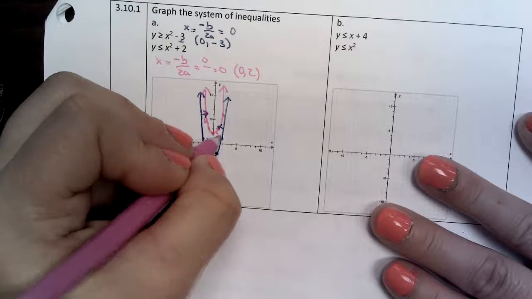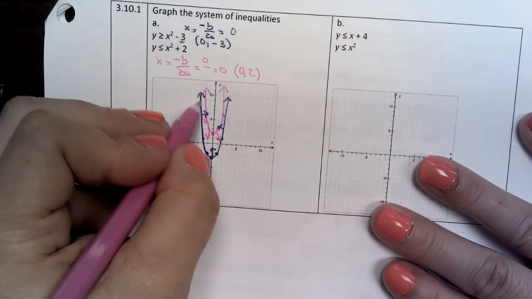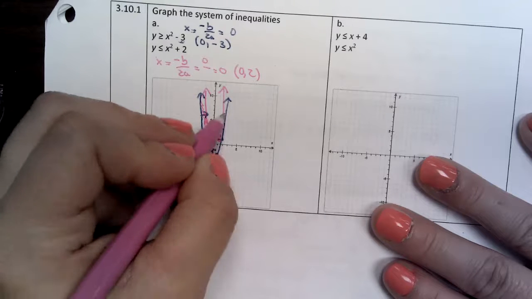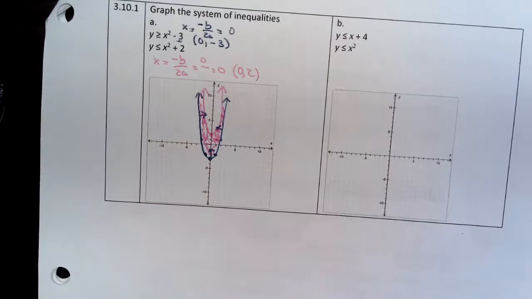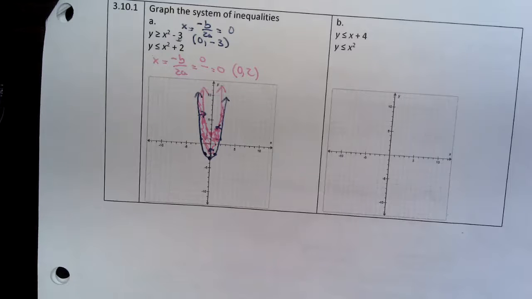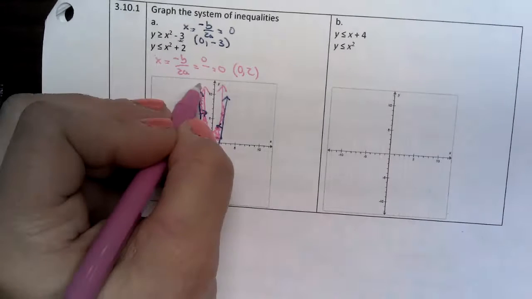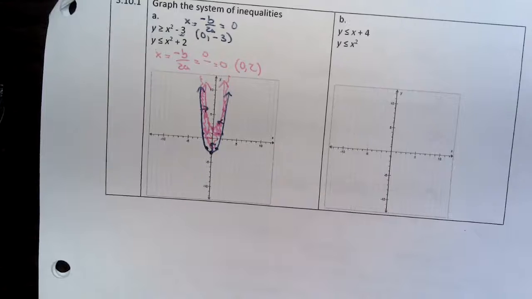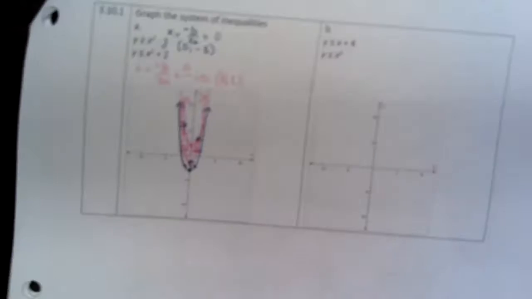So less than would be below it. So that means I'm just going to shade between these two, because it's less than the pink one and greater than the blue one. And then it would continue being shaded between them for as high as we could go. All right, let's take a look at the next one.